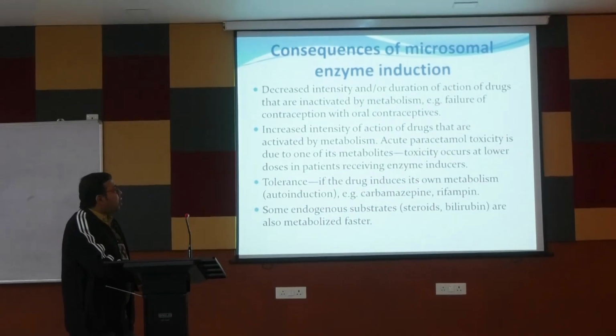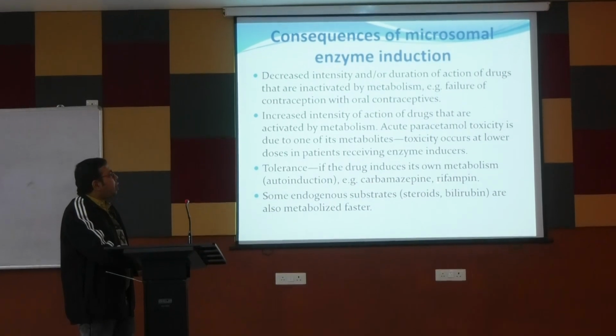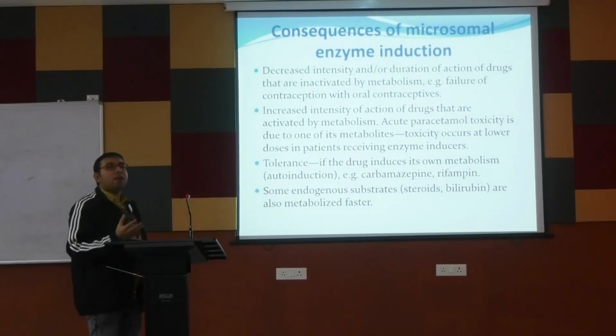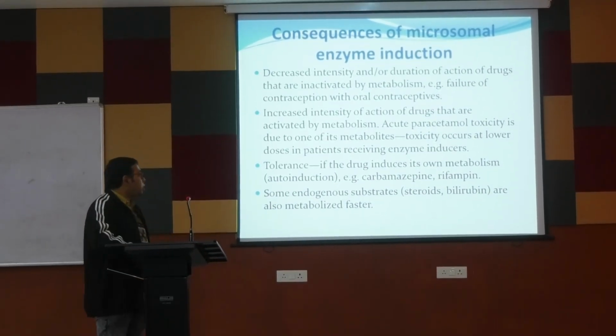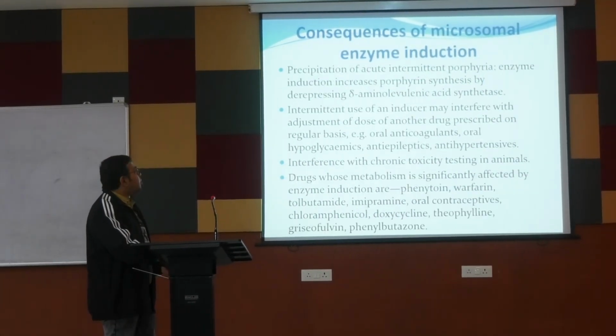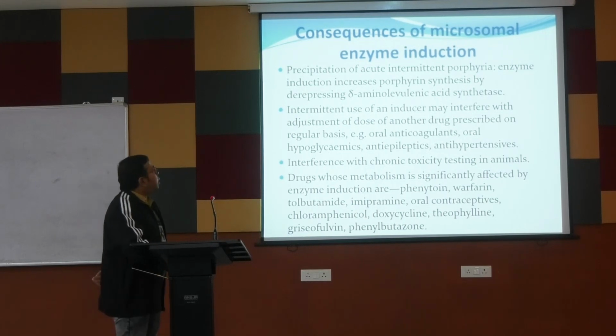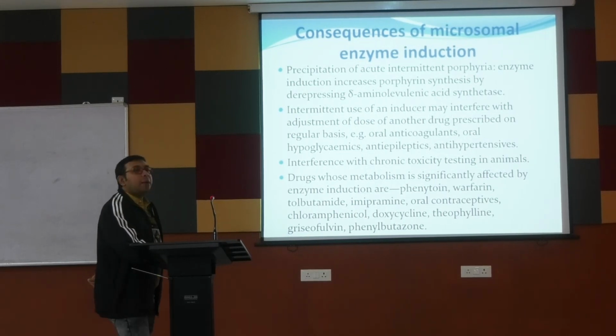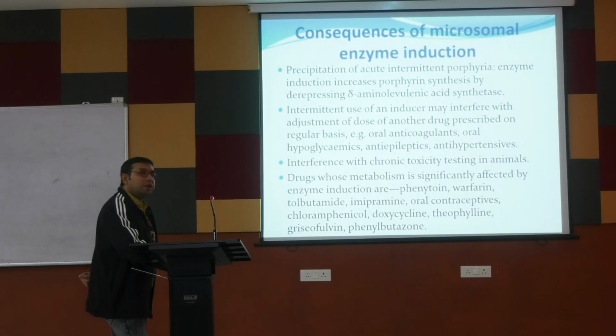Tolerance can happen if the drug induces its own metabolism, like carbamazepine, rifampicin. If tolerance happens, again the action will be diminished. Some endogenous substances like steroids and bilirubin are also metabolized faster. So ultimately, precipitation of acute intermittent porphyria can happen. So this is a disease. So precipitation can happen due to this enzyme induction.